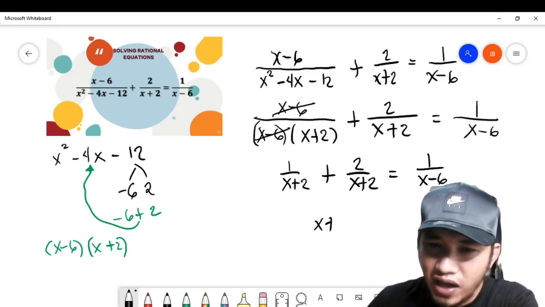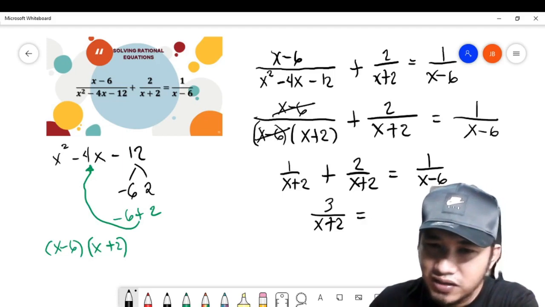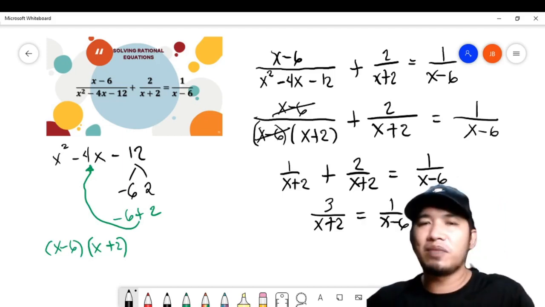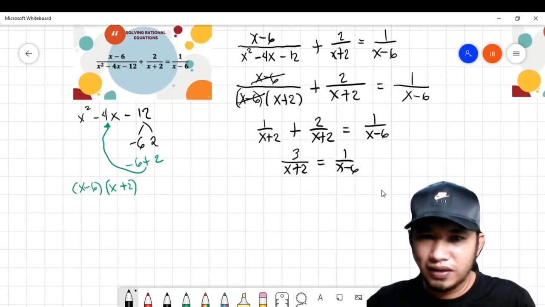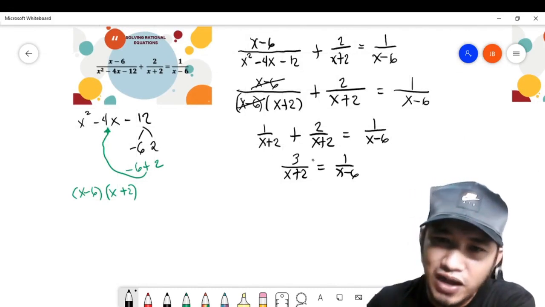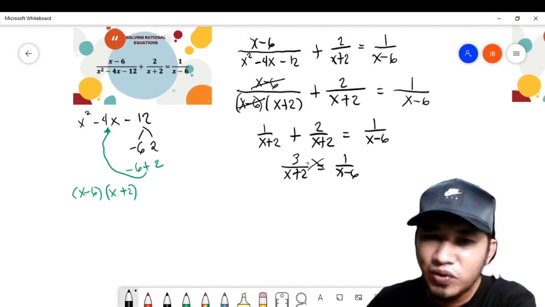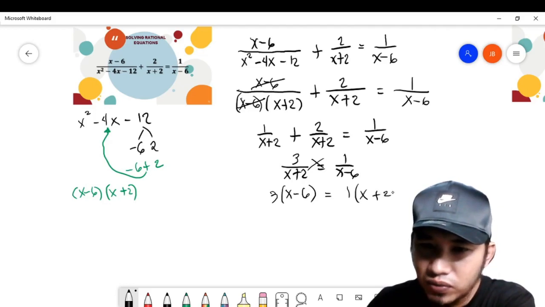Just copy x plus 2 all over, ayan, 1 plus 2 is equal to 3 is equal to 1 all over x minus 6. Okay, palitin natin ng konti. Ayan. So, simplify natin. So, anong gagawin na naman dyan? Cross multiplication, and that is 3 multiplied to x minus 6 is equal to 1 multiplied to x plus 2.